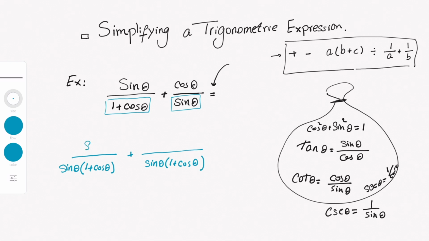Here we had sine theta, here we had cosine theta, and we're going to add. In this fraction, we are missing sine theta, so I'm going to multiply top and bottom by sine of theta. And this one, we're going to multiply by 1 plus cosine theta.